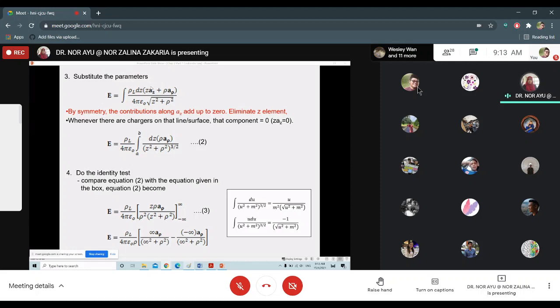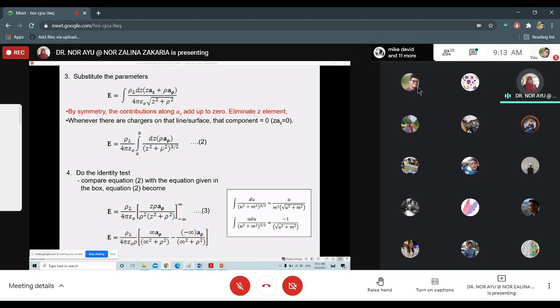Alright, so again, kalau kamu nak senang faham, which one we need to cancel out is that kamu just tengok where is your charges, where is your line charges ataupun surface charges. Okay, so in this case the line charges is at the Z punya positions. Okay, so just take this Z punya elements equals to 0. Okay, so you just left with this.